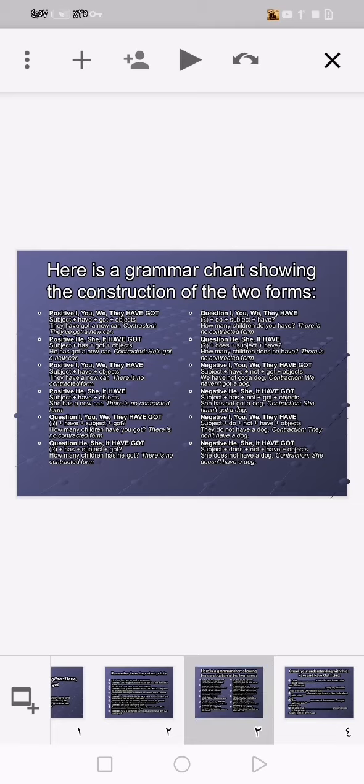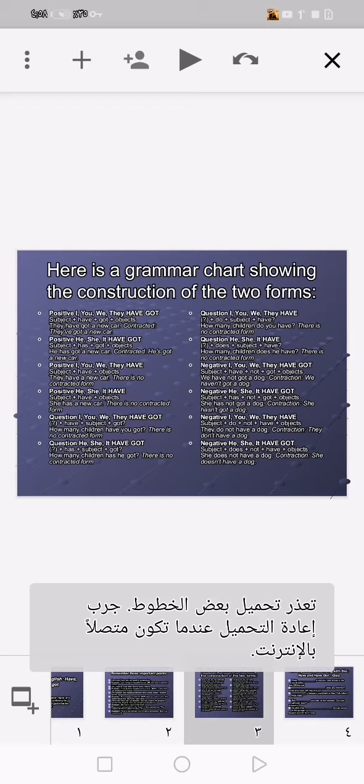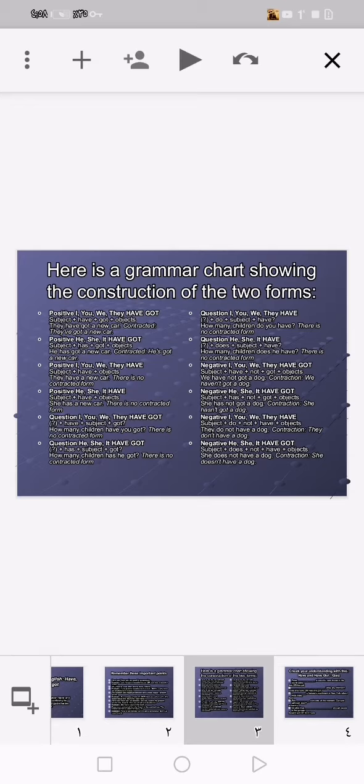Number 2, positive, he, she, it takes has got, question, he, she, it has. In the negative, I, you, we, they have not got plus object. In the negative, he, she, it has not got plus object.